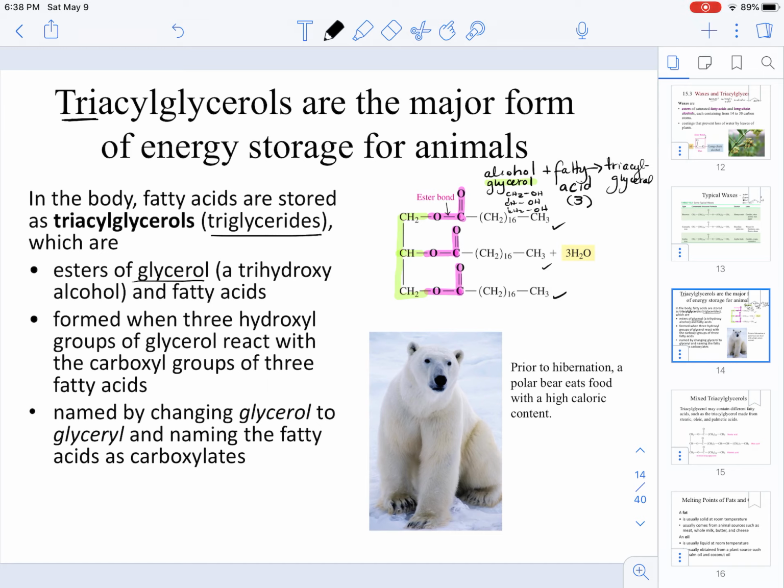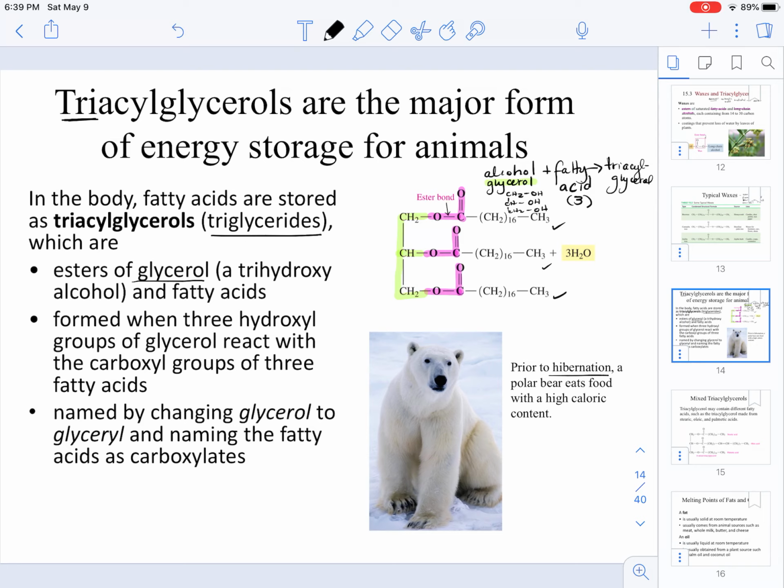As I mentioned previously, one of the main functions of triacylglycerols is for energy storage in animals, because in chapter 18, even though we are not going to be discussing it this semester, it is explained how fat can actually be utilized to generate energy in the body. So, certain animals, as we know, undergo the process of hibernation.